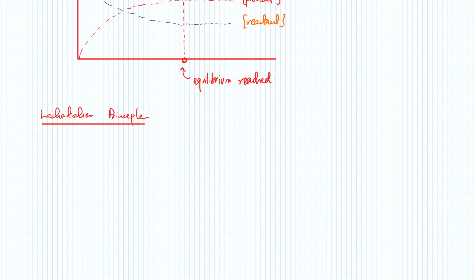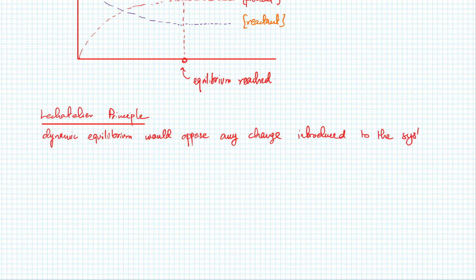It just means that the equilibrium, or the dynamic equilibrium, would oppose any change that's introduced to the system.